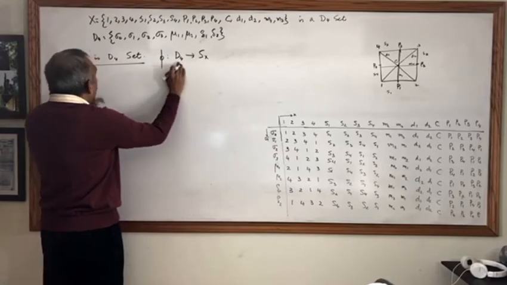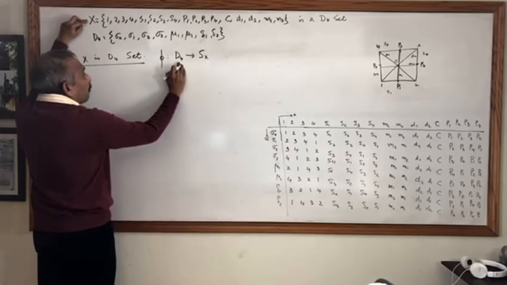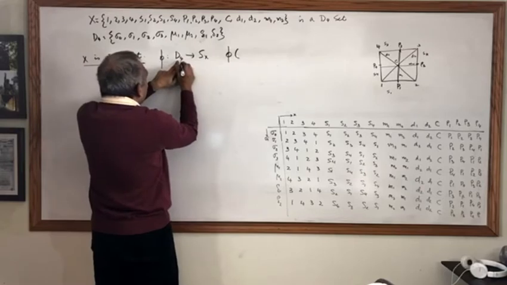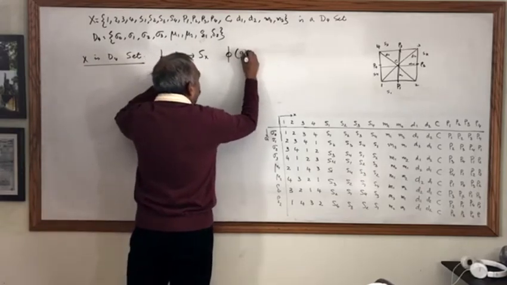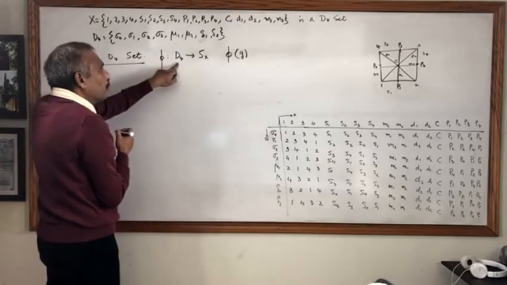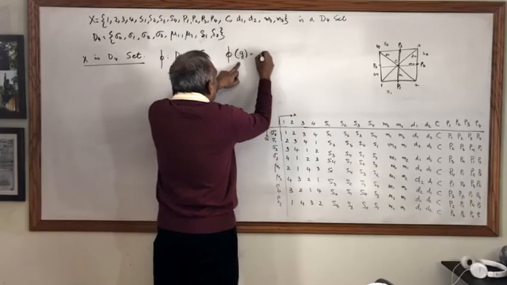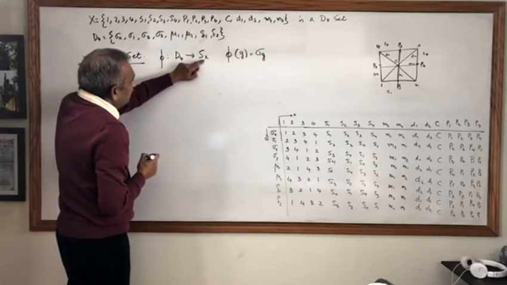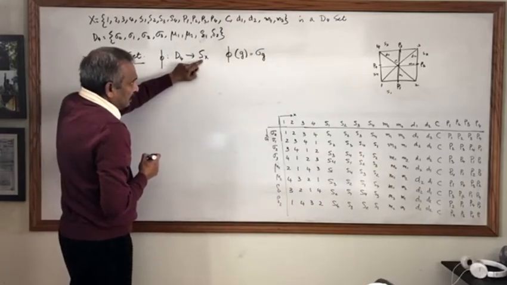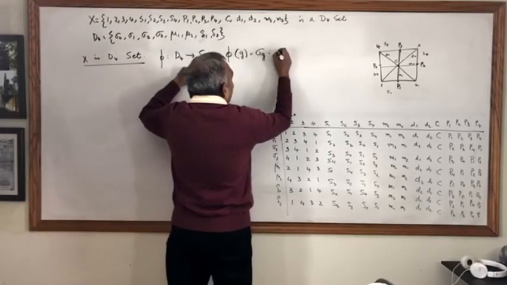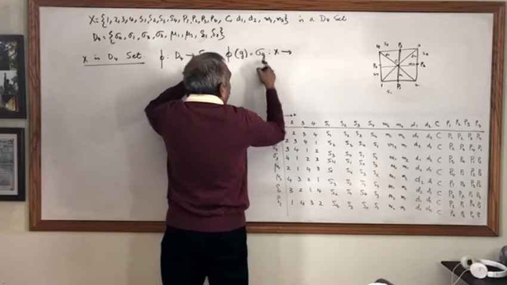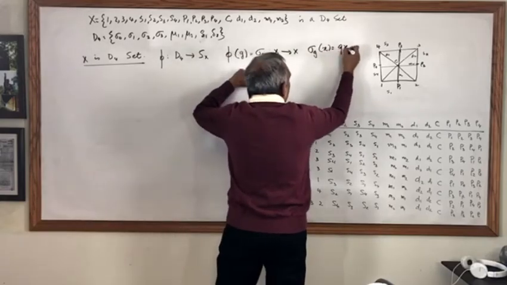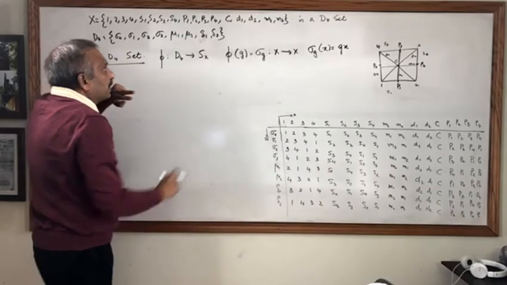We are defining a map from D4 to the collection of all permutations, defined by phi of G, where I take an element from here and write it as G for the time being, is equal to sigma G. This sigma G is an element of Sx, meaning it's a permutation on X, a function from X to X defined by sigma G of x equal to Gx. So that is the definition of this phi.